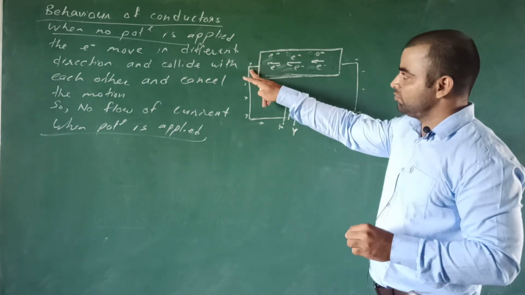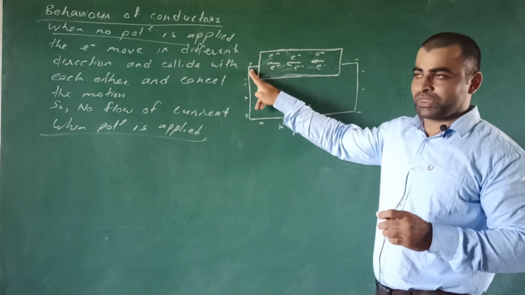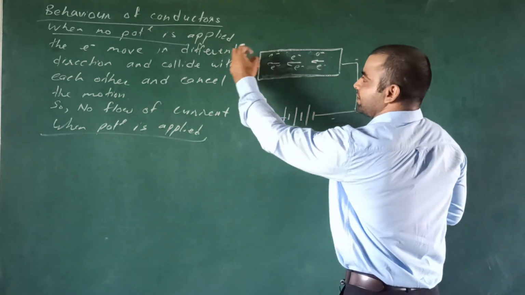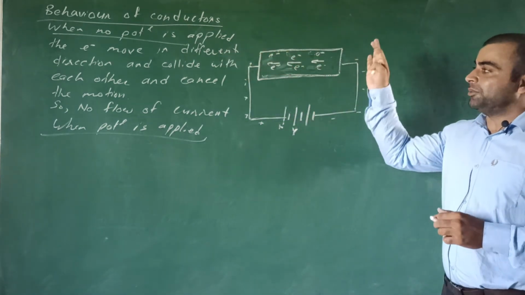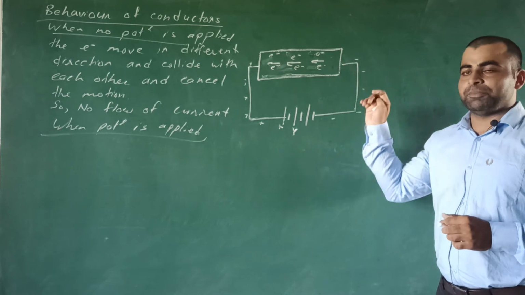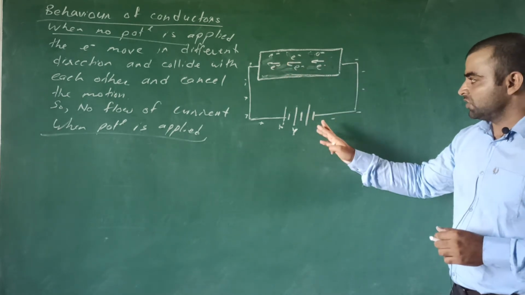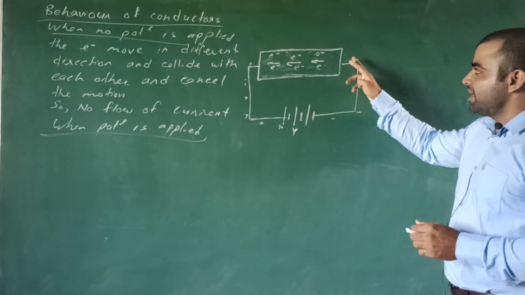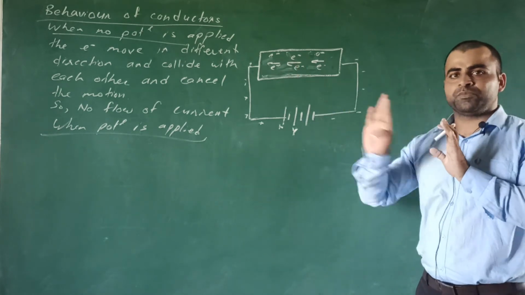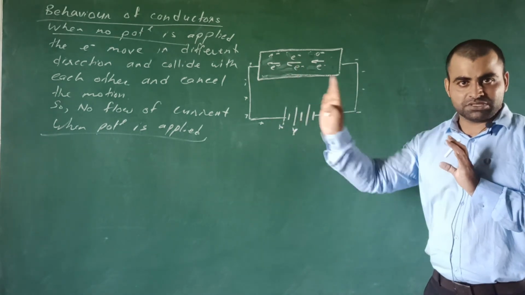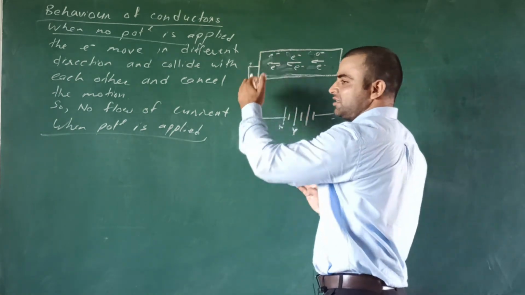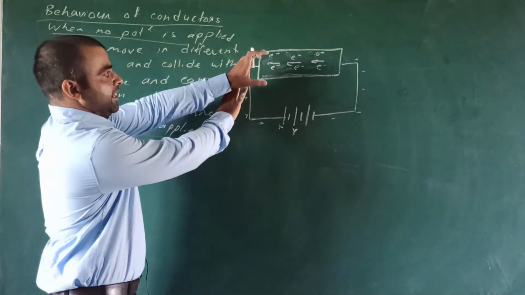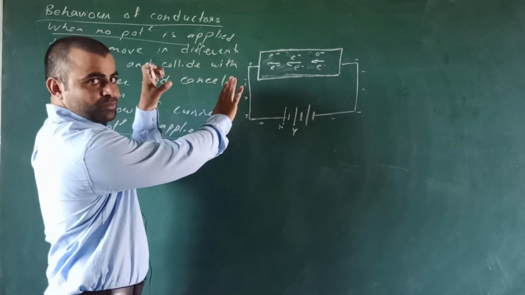Here is the positive terminal, and the positive charge will attract the electrons. So we can see the motion of electrons in a particular direction. The negative charge will push the electrons, and the positive charge will attract them.